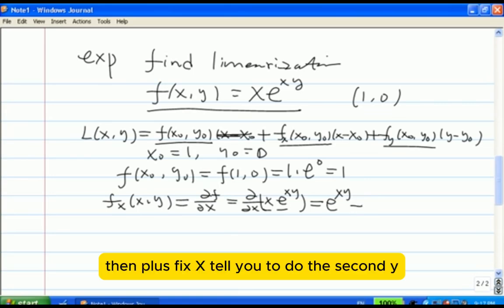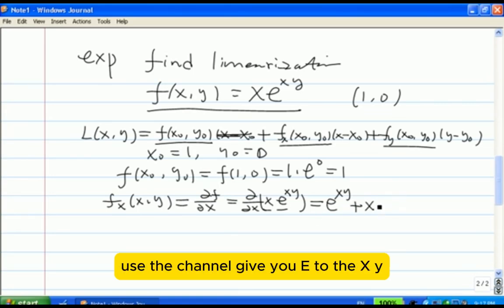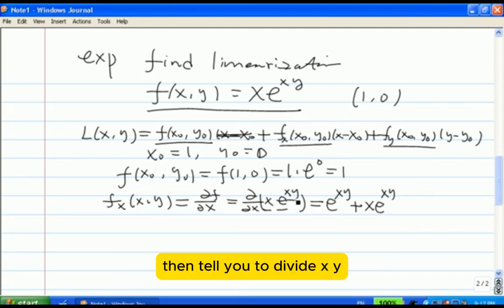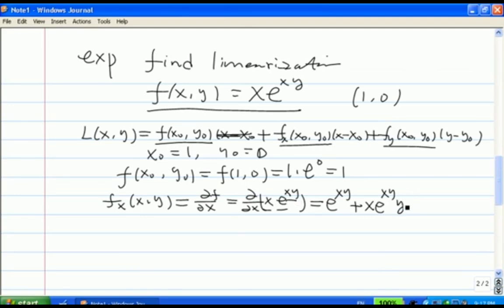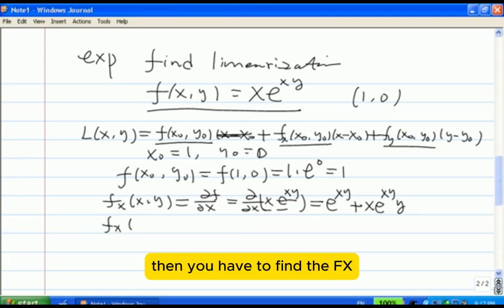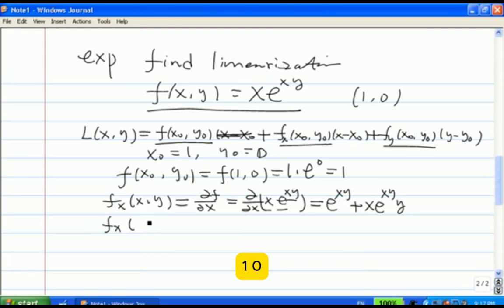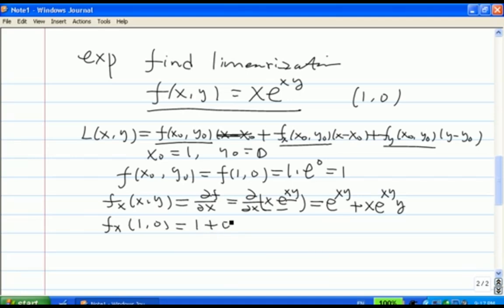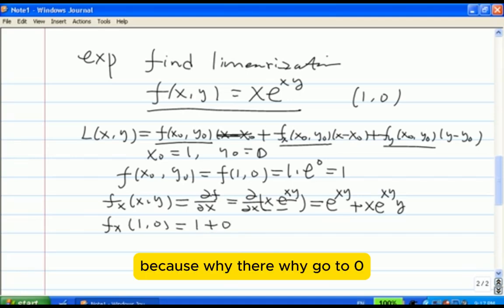Okay. Then plus, fix x, take derivative of the second one, use the chain rule, gives you e to the xy, then take derivative of xy. Treat y as a constant, so it gives you y. Then you have to find fx(1, 0). So the first one gives you 1, the second one gives you 0, because y equal to 0.